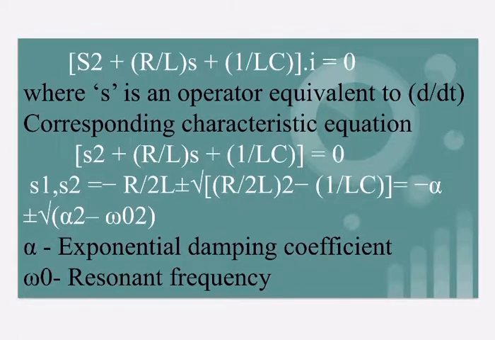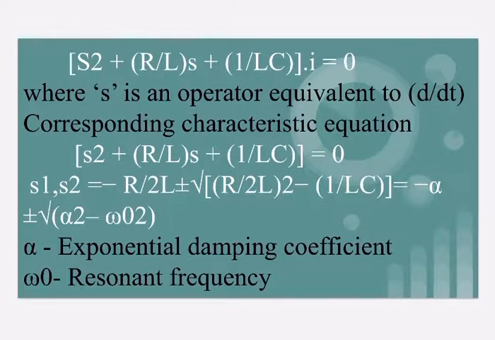Here alpha is the exponential damping coefficient and omega naught is the resonant frequency. As in the parallel RLC circuit, we have alpha and omega as the resonant frequency terms.